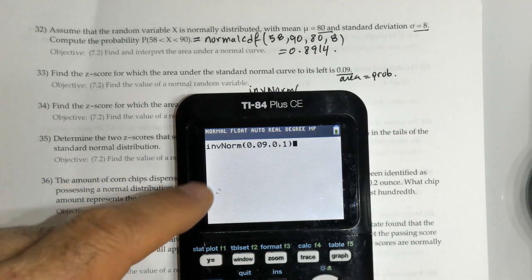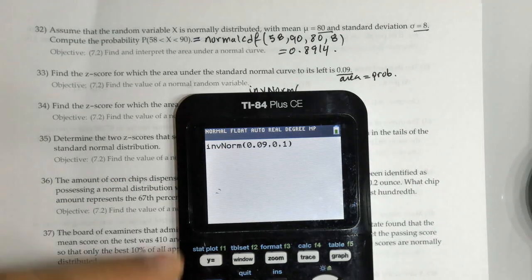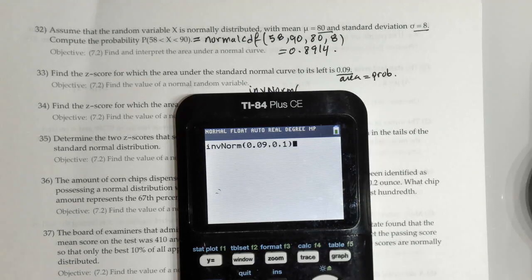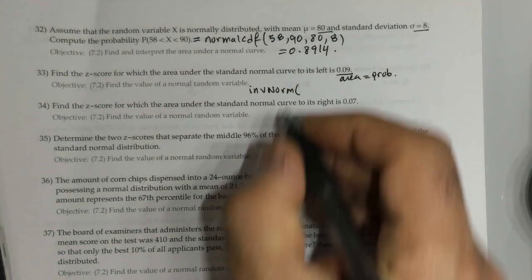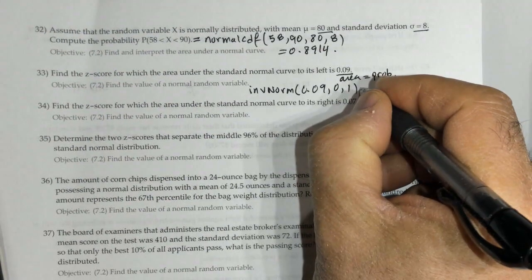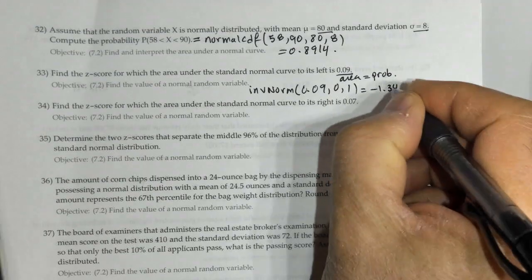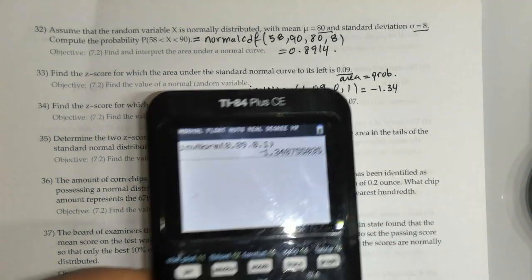Now, if you guys have an older operating system, you're going to get inverse norm parentheses. So you fill in the blanks. You put 0.09, comma 0, comma 1, and you should get the answer, which is negative 1.34. So by default, this function needs the area on the left.